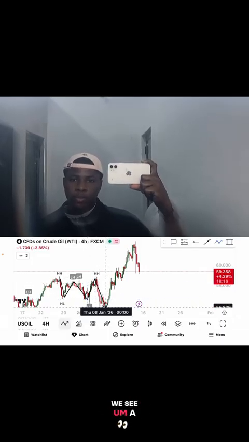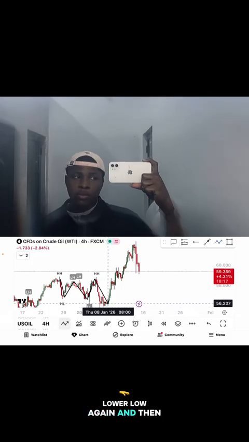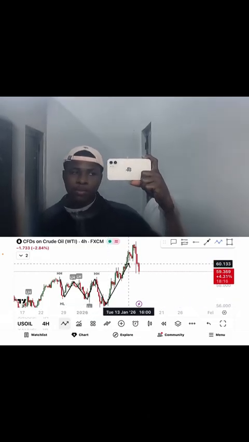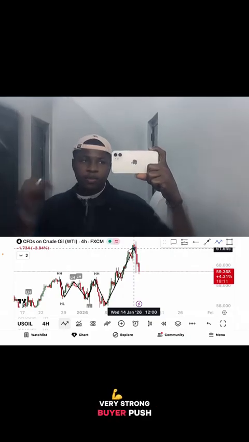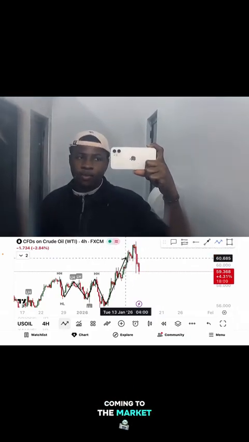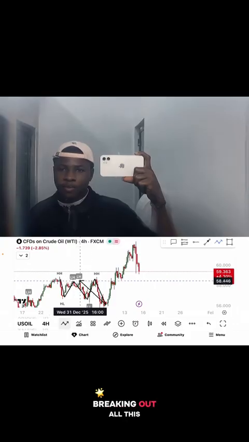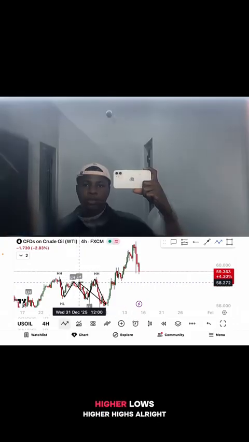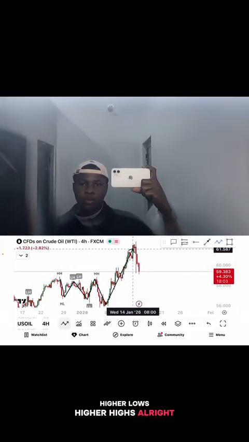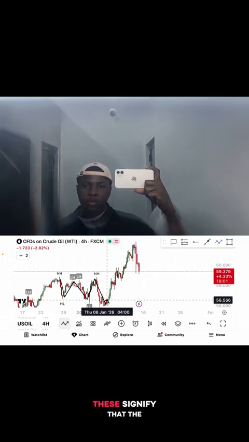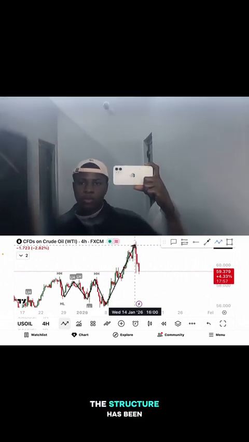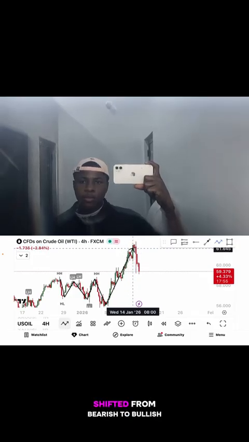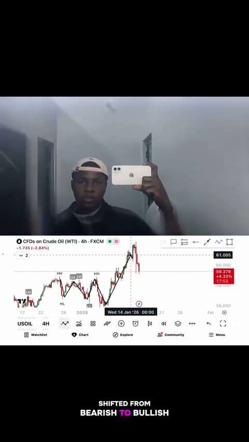We see a lower low again, and then we see a very strong buyer push coming into the market, breaking out the structures, breaking out all those higher highs, higher lows, higher highs. Now what do we expect to see? These signify that the structure has been shifted from bearish to bullish.